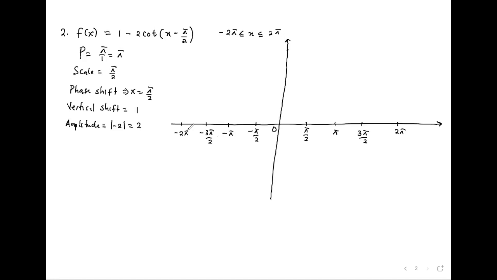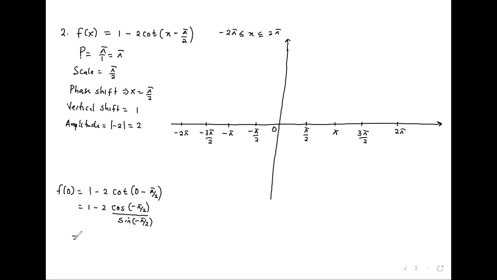Then we substitute. So let's start from 0. What is f of 0? f of 0 is 1 minus 2 cot of 0 minus pi over 2. That is 1 minus 2 cos of negative pi over 2 over sine of negative pi over 2.